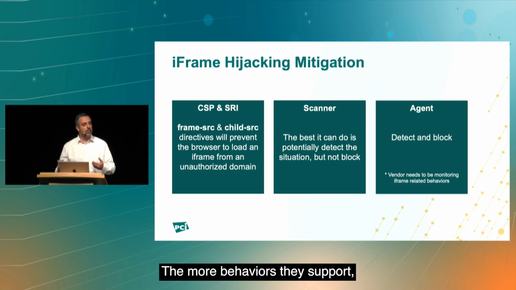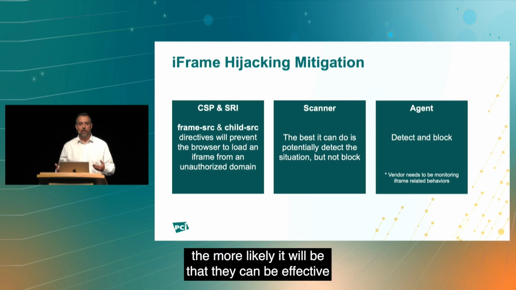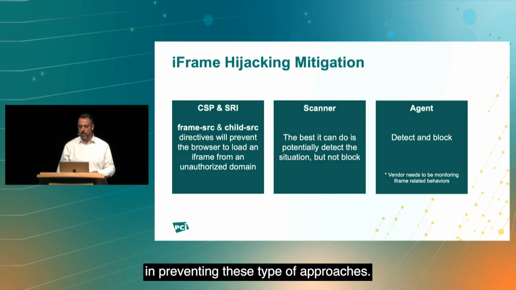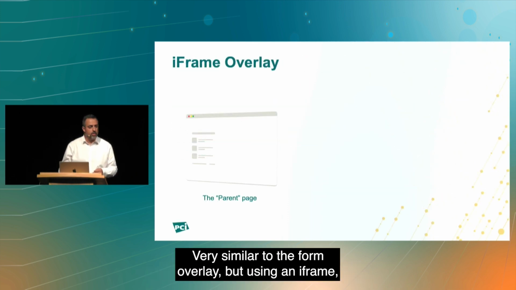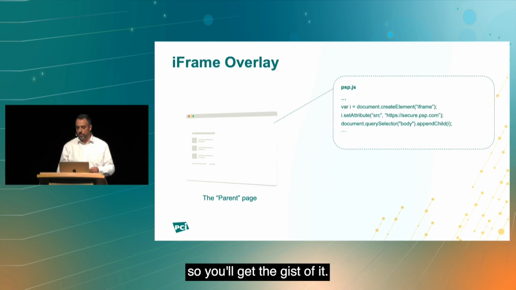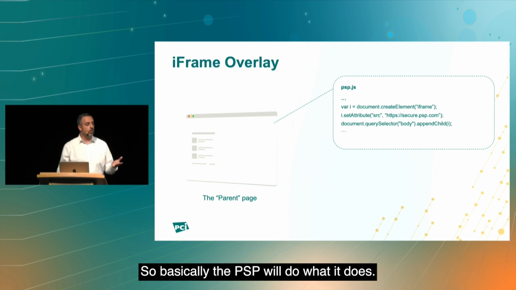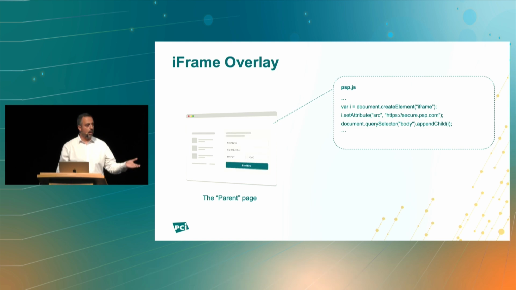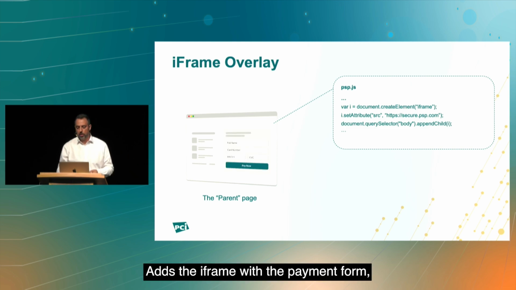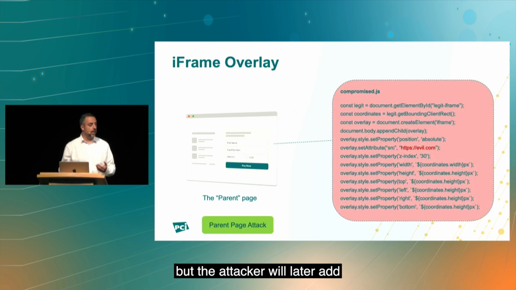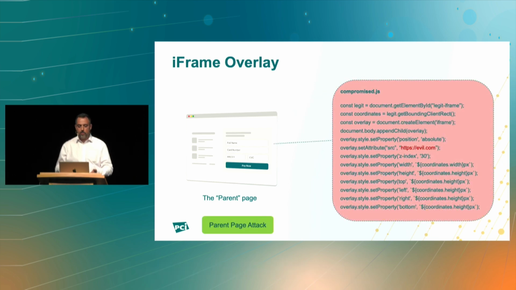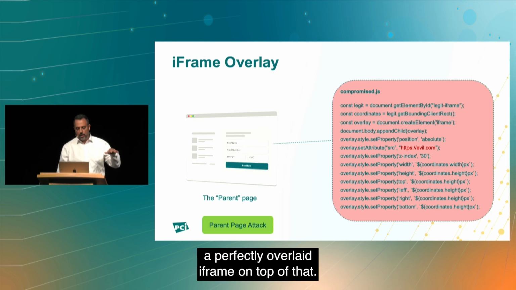The more behaviors they support, the more likely it will be that they can be effective in preventing this type of approach. Scenario number 5, iFrame overlay, very similar to the form overlay, but using an iFrame. So you'll get the gist of it. So basically, the PSP will do what it does, adds the iFrame with the payment form, but the attacker will later add a perfectly overlaid iFrame on top of that.